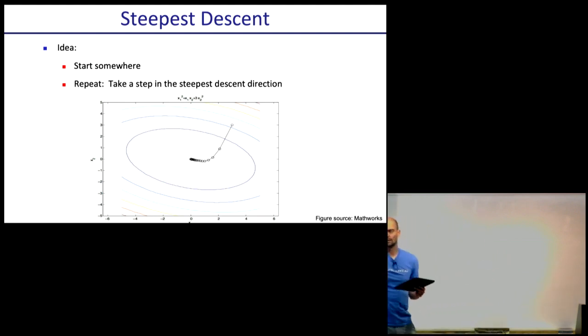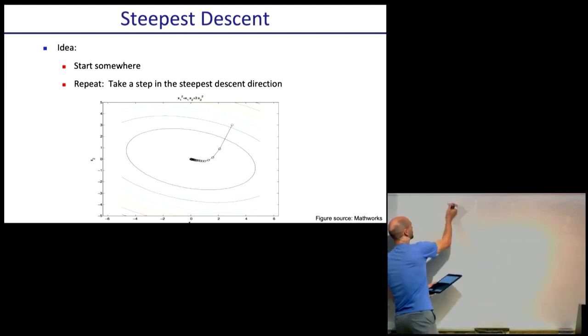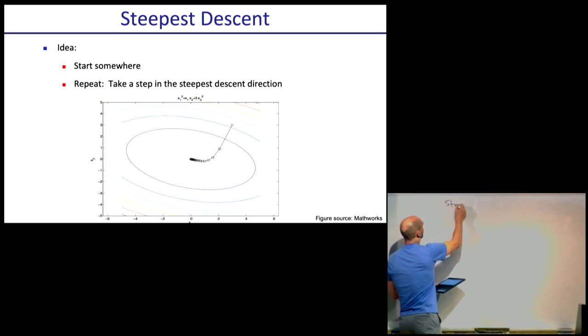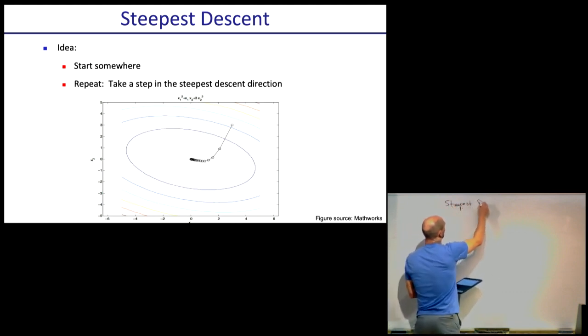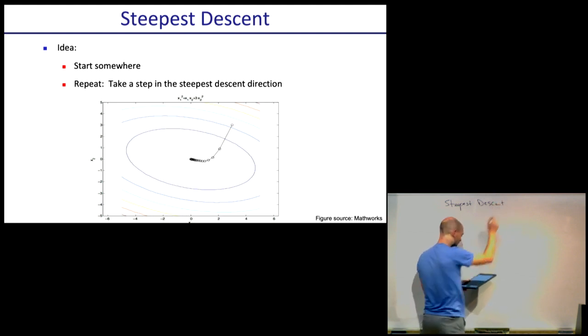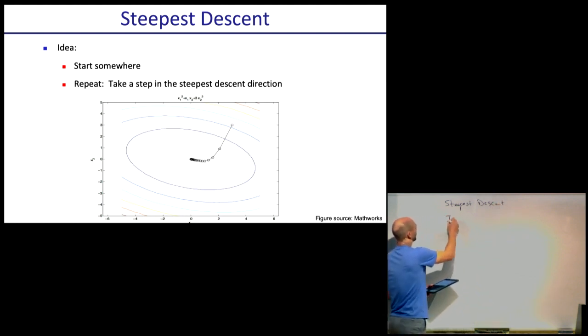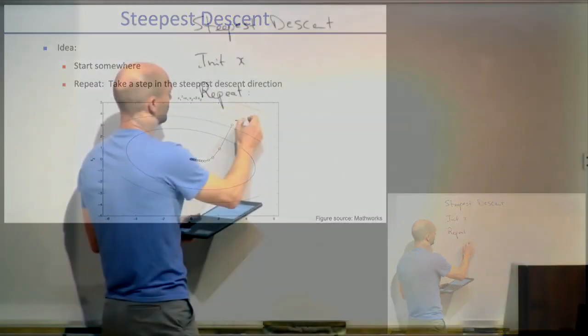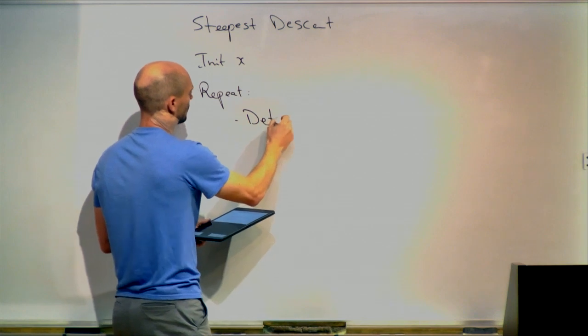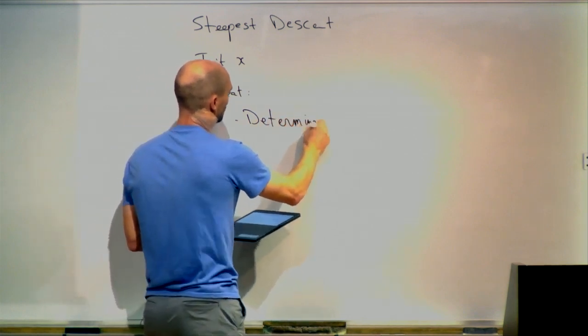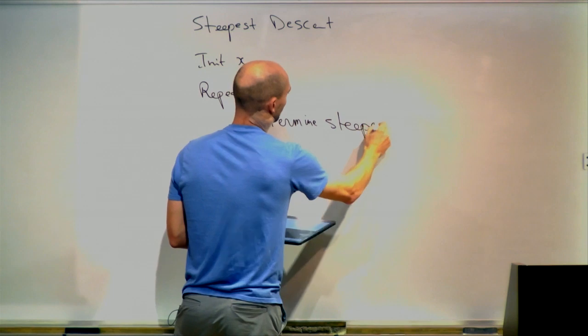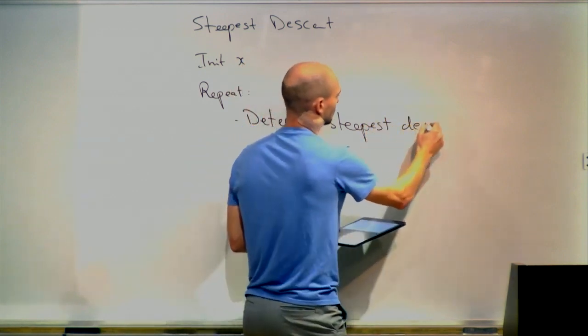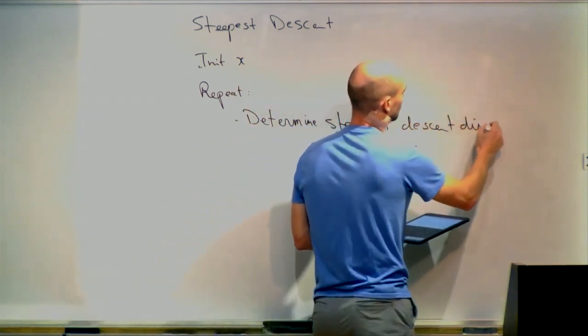So the core of it is going to be steepest descent. What is steepest descent? It's a very simple few line algorithm. So steepest descent says: init x, repeat, determine steepest descent direction, which we'll call delta x.